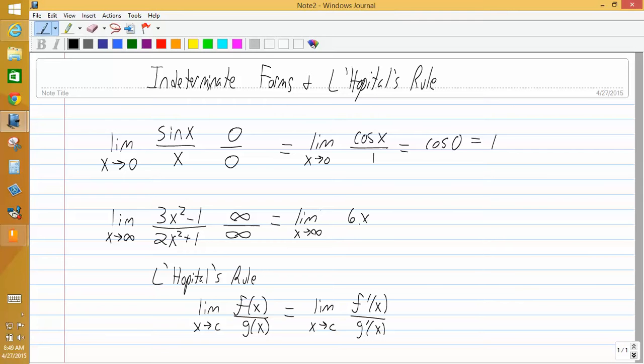You'll get 6x over 4x, and this will still be in the form infinity over infinity. Since it's still in that form, we can apply L'Hopital's rule again. So that's equal to the limit as x approaches infinity of 6 over 4, and there's nothing to plug the x in for, so that's just equal to 6 over 4, which is 3 over 2.